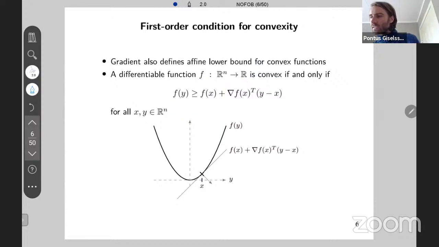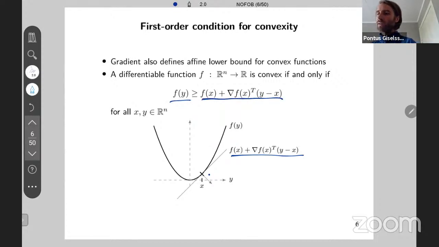Then we construct the function on the right-hand side, which is this line here. Because now we have fixed x, so f of x is a constant. It's here. Gradient f of x is the slope at this point, then times y minus x. So these two form another constant. And then gradient f times y is linear, which means that this function is affine in y. And for all y, it should be below f of y, which is the original function. So f of y should be greater than or equal, for all y, to this affine function in y.